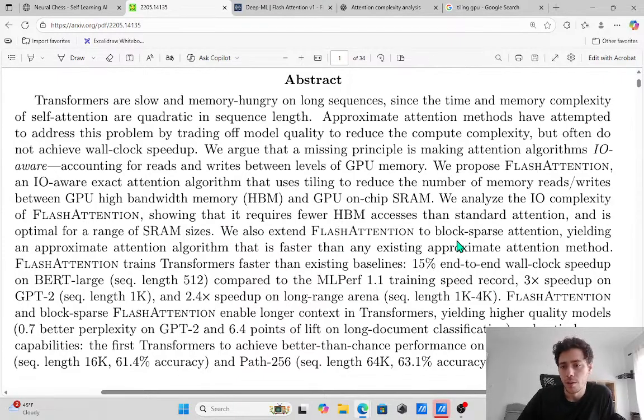Extend flash attention block. Okay. Also extend flash attention to block sparse attention, yielding an approximate attention algorithm that is fast. Okay.